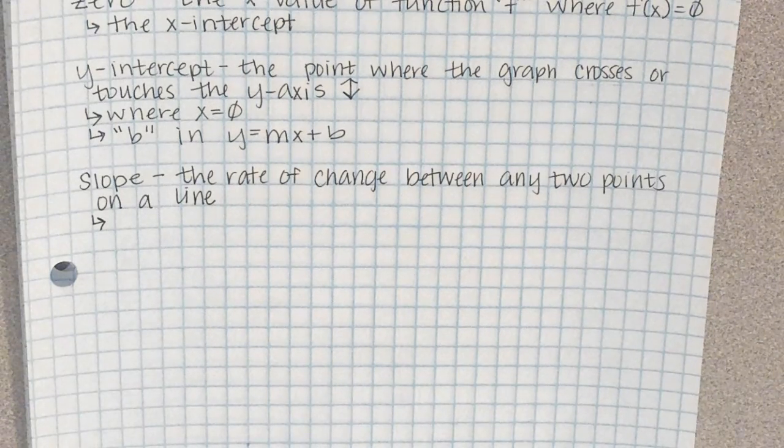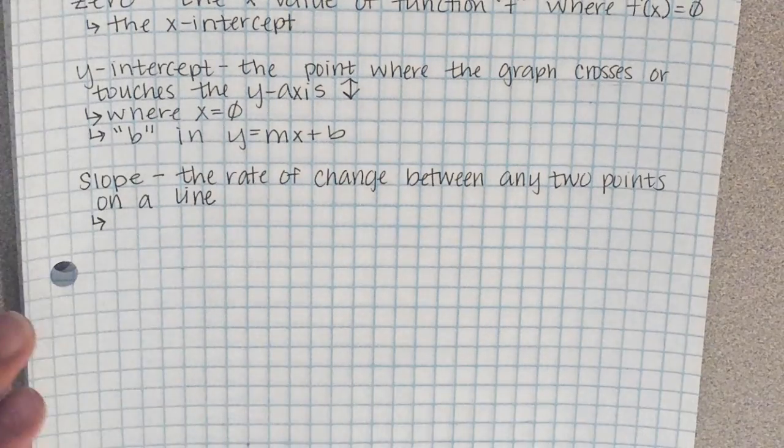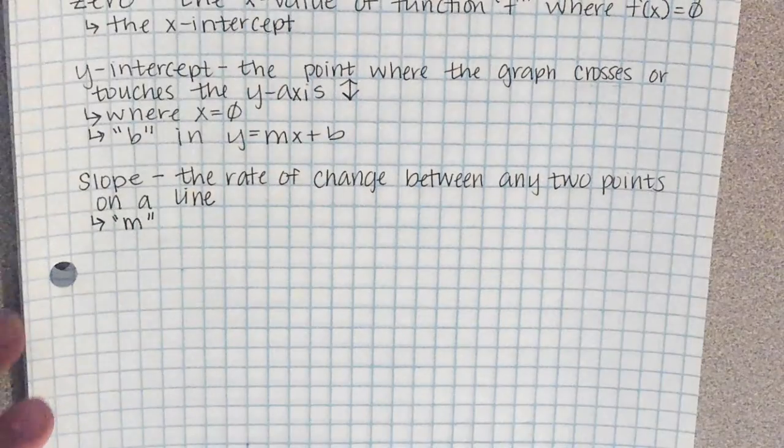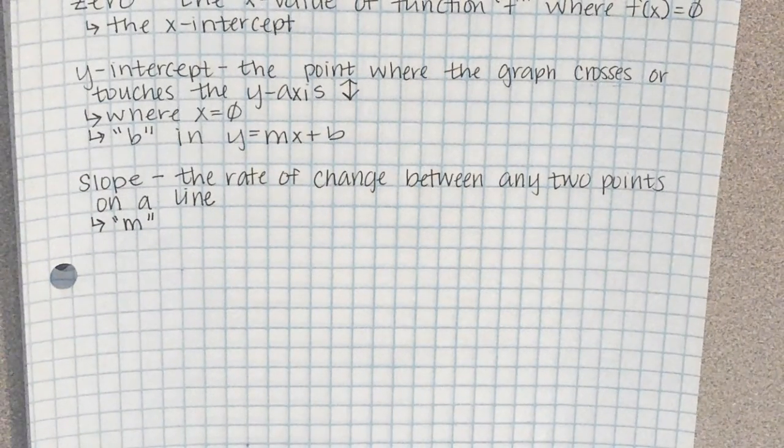What letter do we use for slope? There's 26 letters in the alphabet. Take a shot. Which letter do we use for slope? M. M is used for slope.